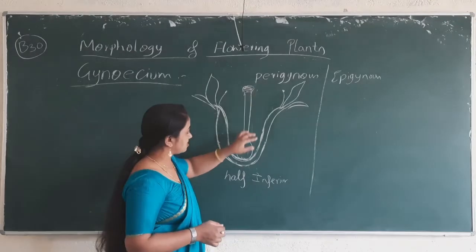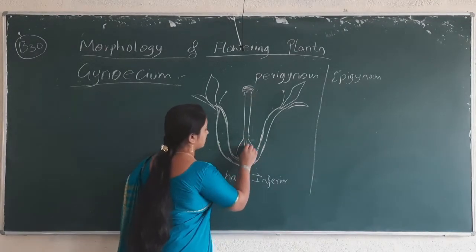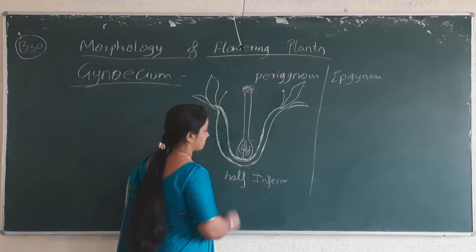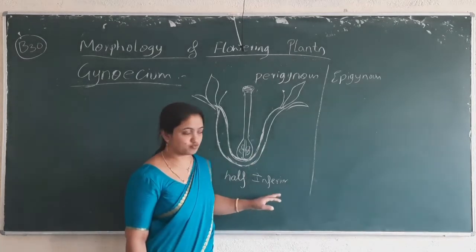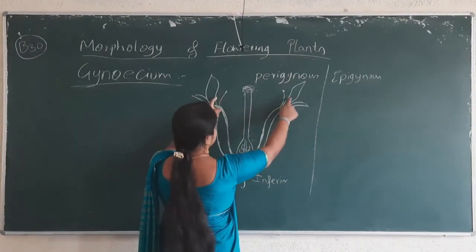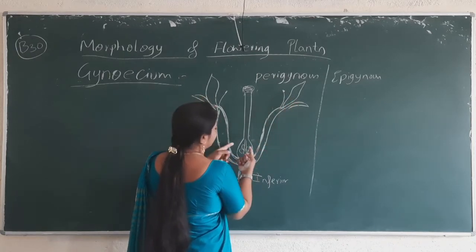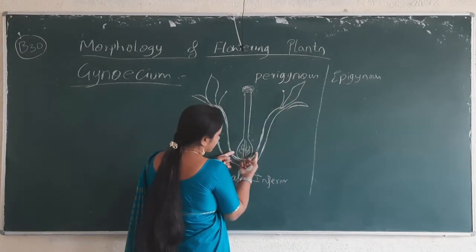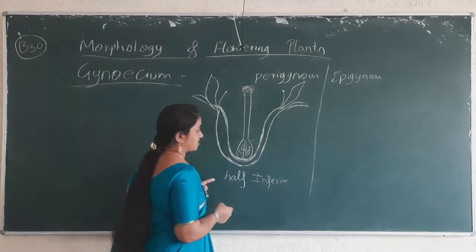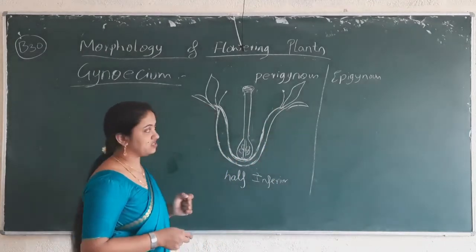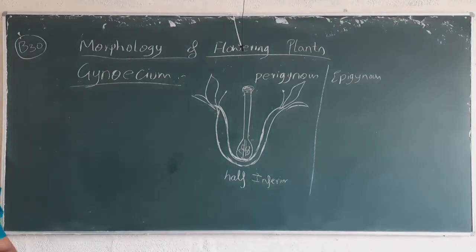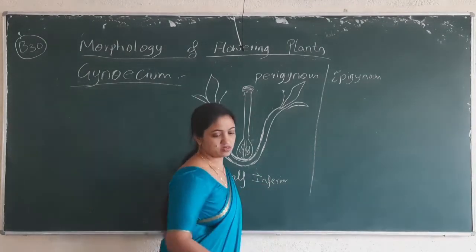Perigynous means the ovary is half superior, and the other parts, the androecium, corolla, calyx, arise from the ring around the ovary. One more diagram is given in your textbook. It means the same thing.